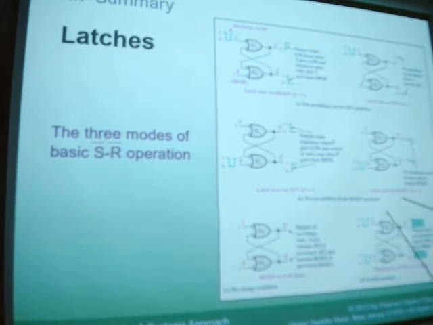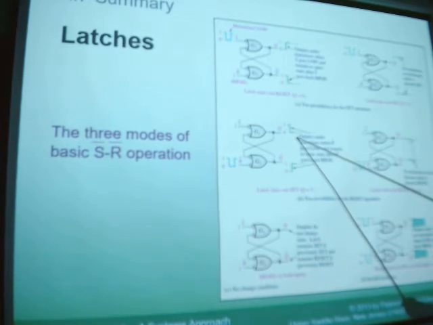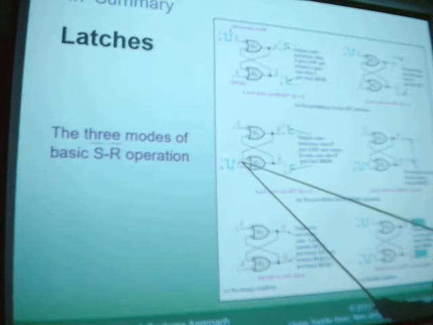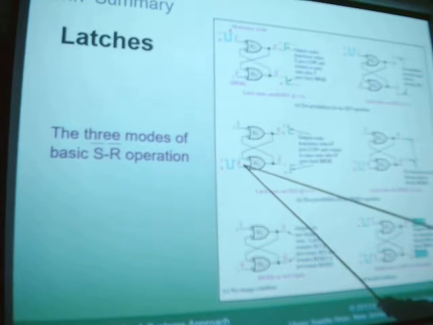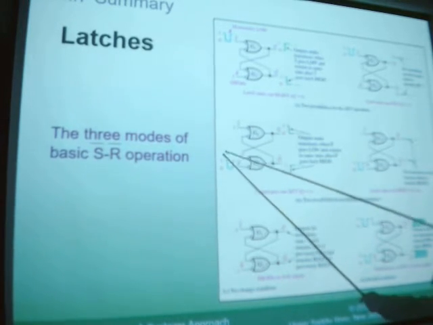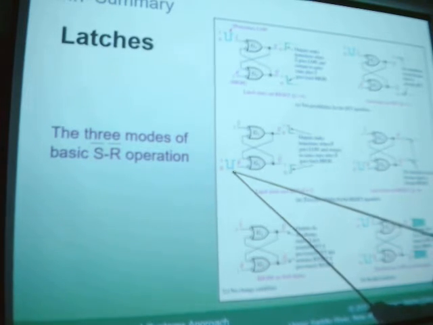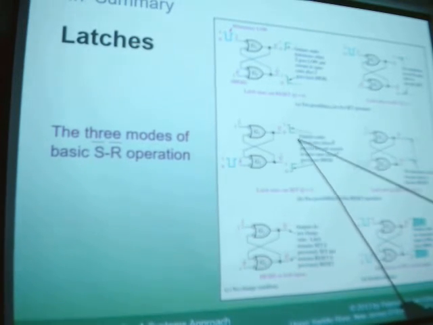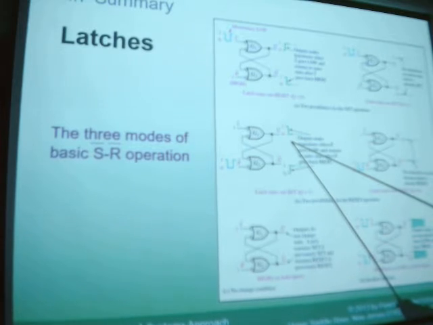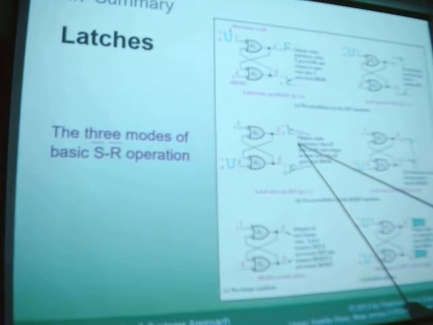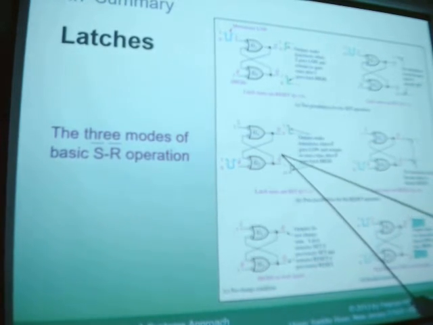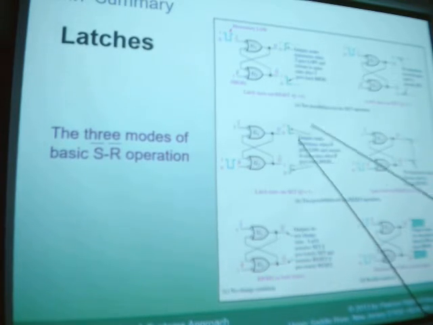Because R bar goes from 1 to 0, the output Q will go from 1 to 0, and Q bar from 0 to 1.